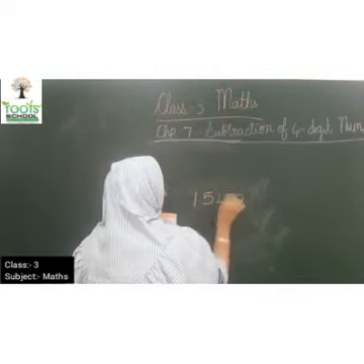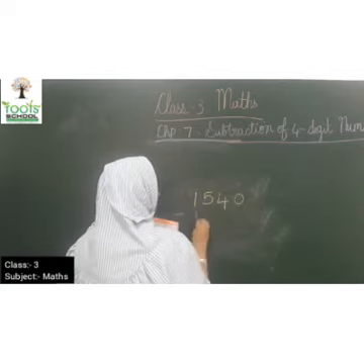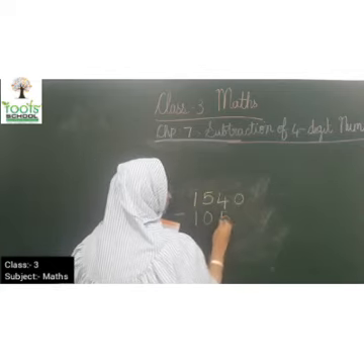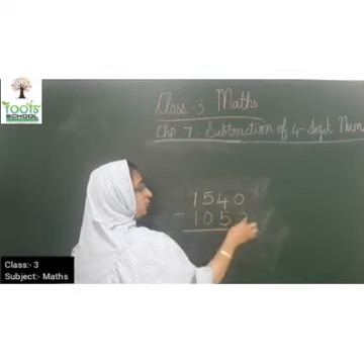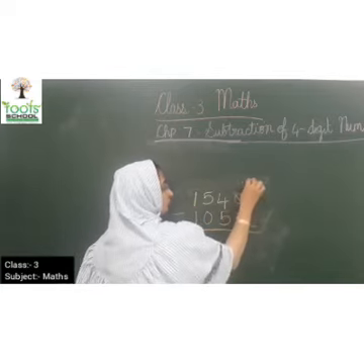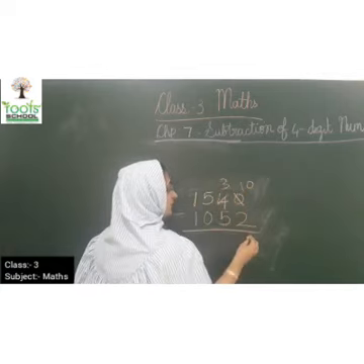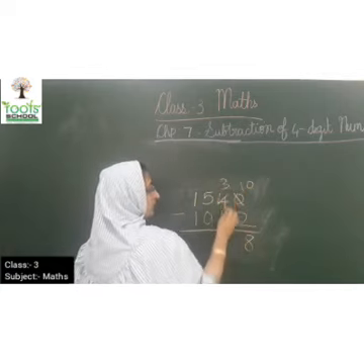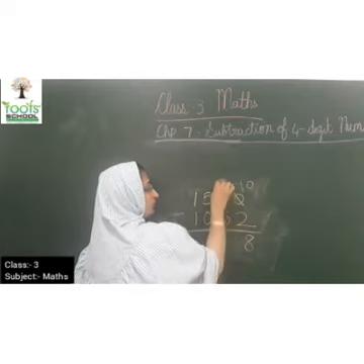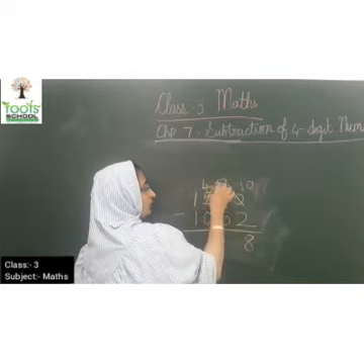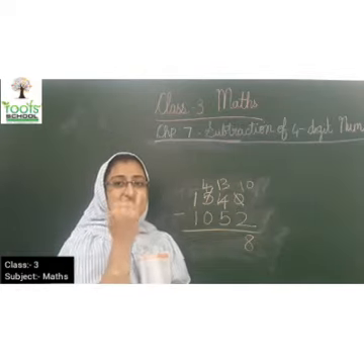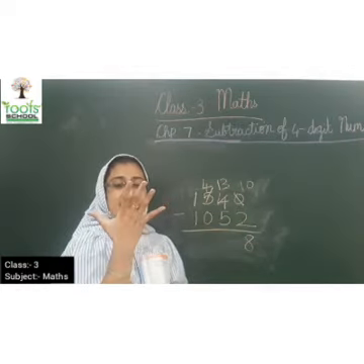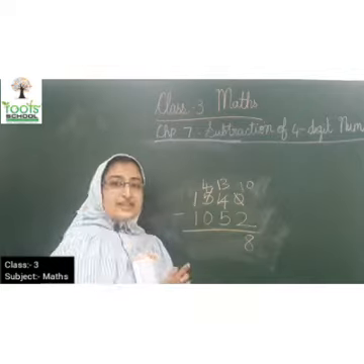1540 subtract 1052. We cannot subtract 2 from 0, so we have to borrow. 10 minus 2 is 8. 3 is also we cannot subtract, so it will borrow. 13 minus 5 is, come on, start counting. 6, 7, 8, 9, 10, 11, 12, 13, 8.